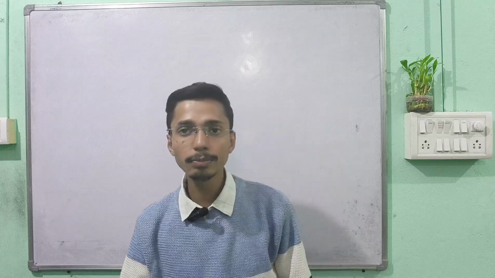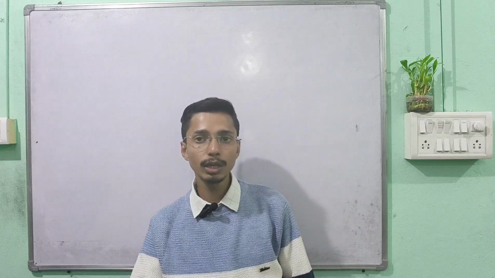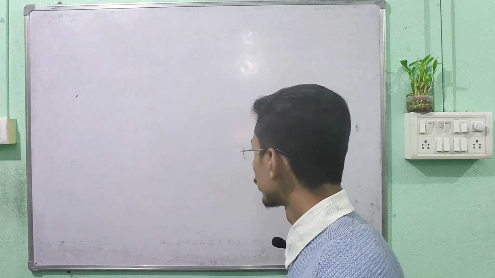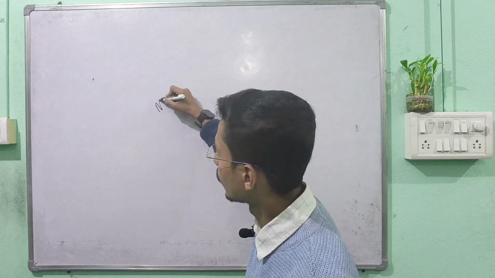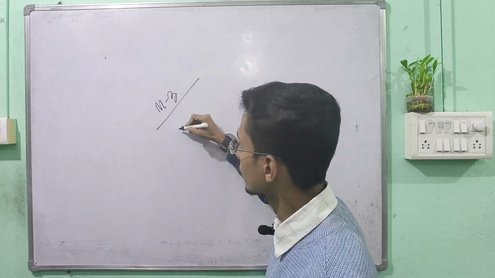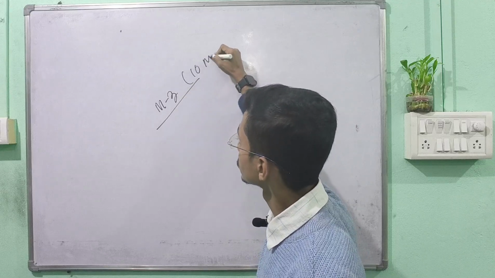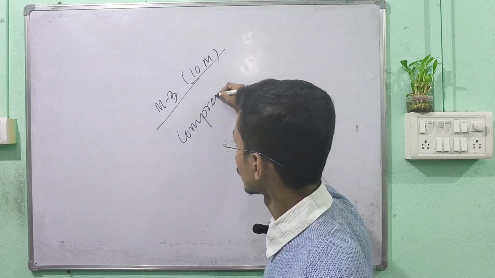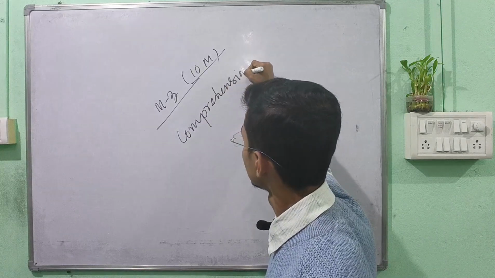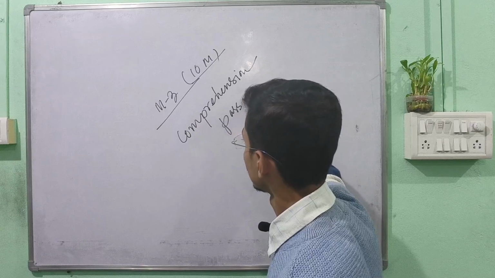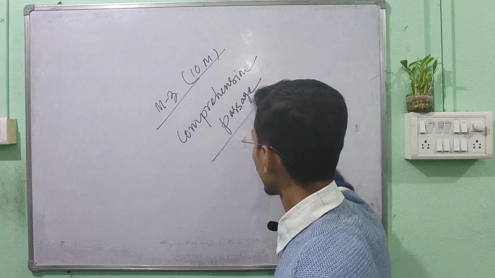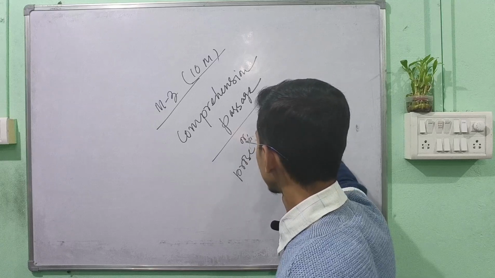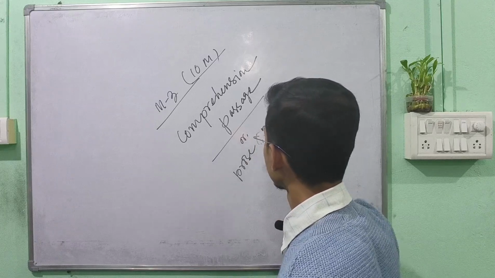So let me introduce the basic type of each remaining module. In module 3 you can get a total of 10 marks for comprehension, prose and poetry.